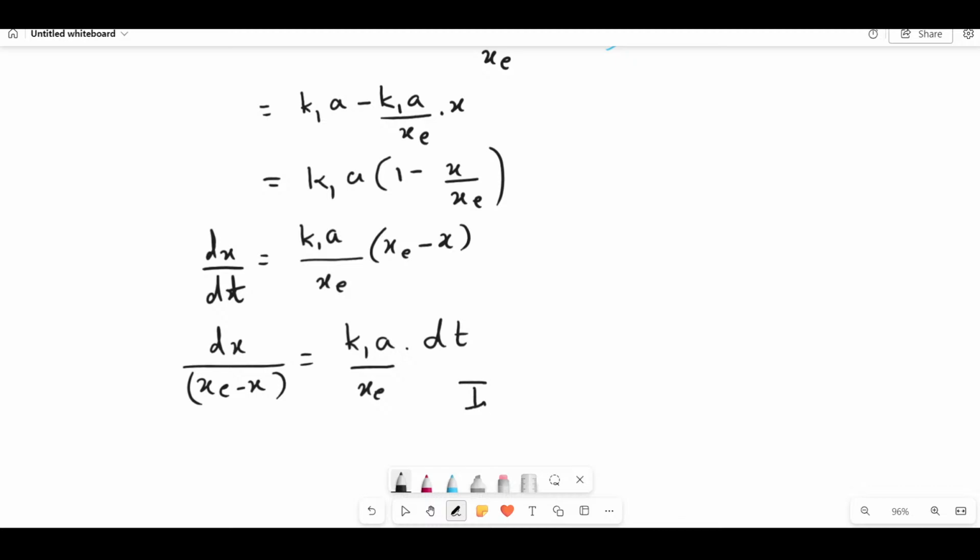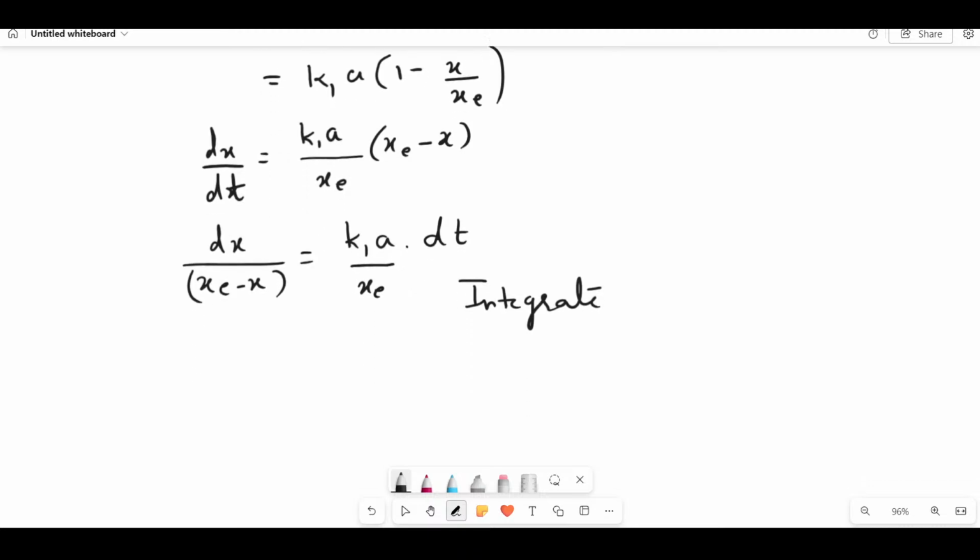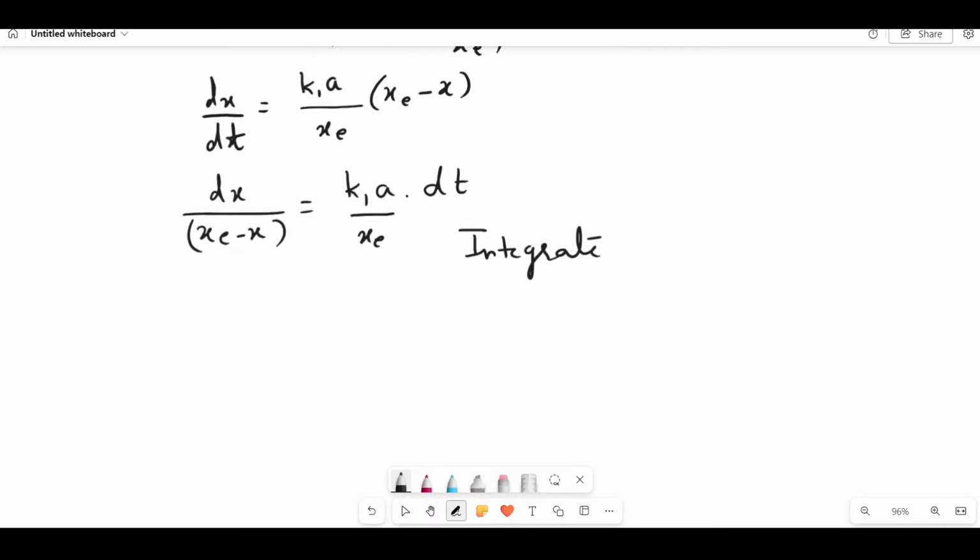Now on integrating, what we get is minus ln (xe minus x) is equal to k1a divided by xe into t, plus constant.